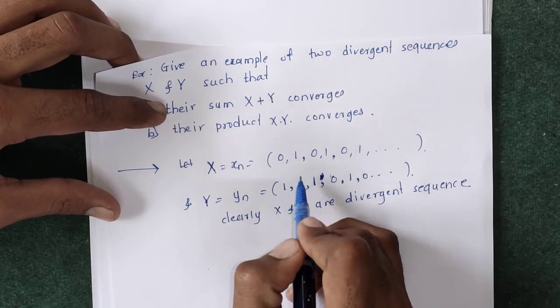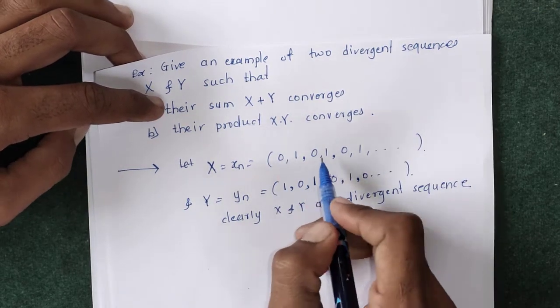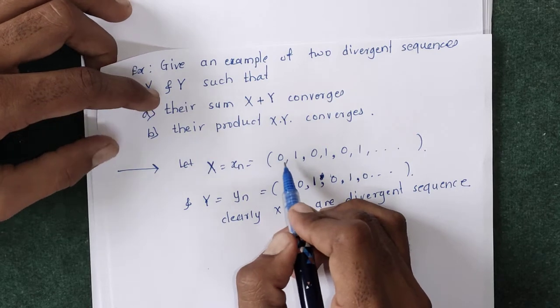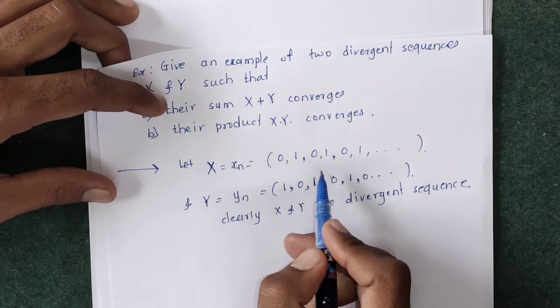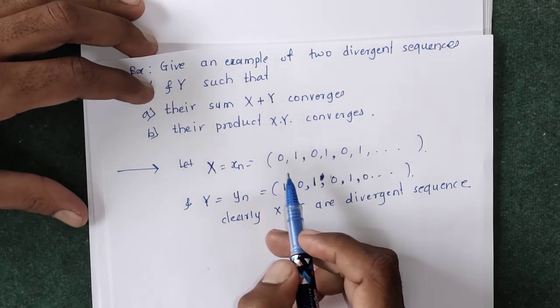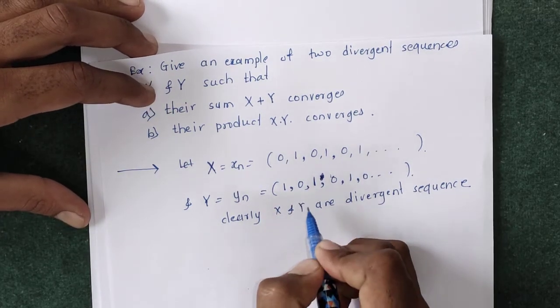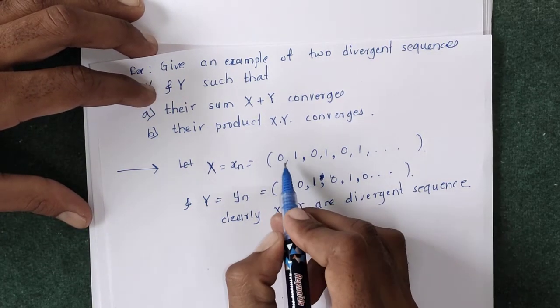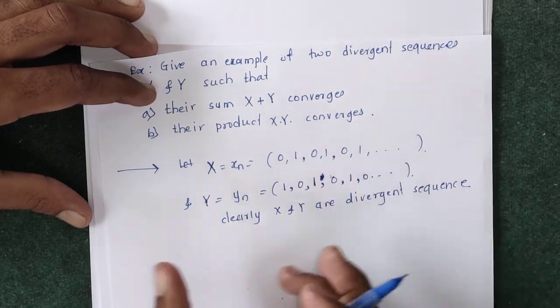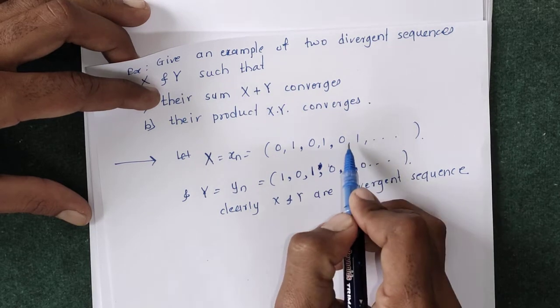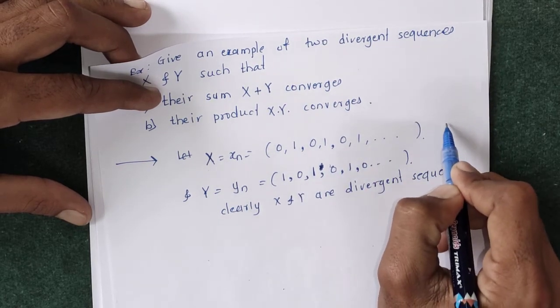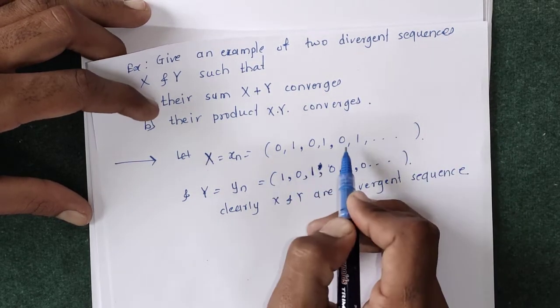On the contrary, if we suppose the limit of this sequence exists, then all the terms, or most terms, of this sequence must be very close to that limit, for all positive epsilon. If we take epsilon equal to 1 by 4, then only half of the terms are close to that limit L, but not the remaining. So we cannot find a capital N such that the epsilon definition is satisfied.